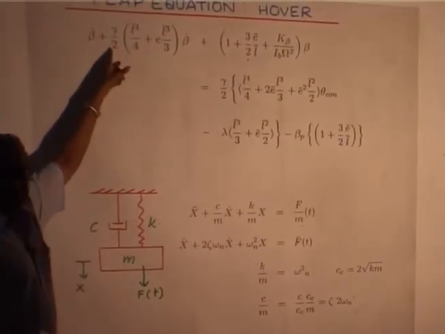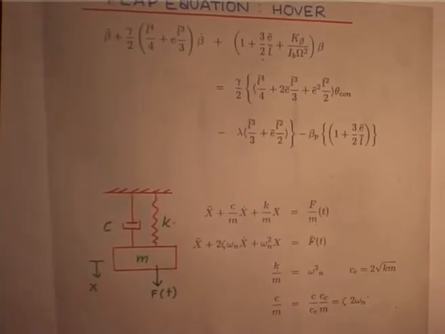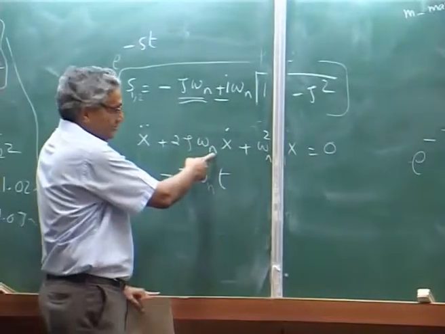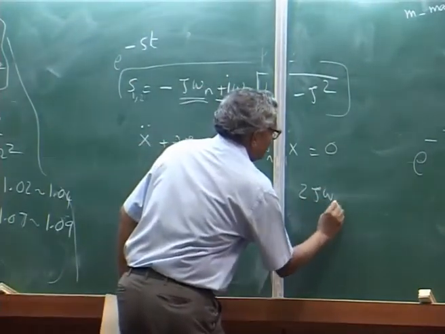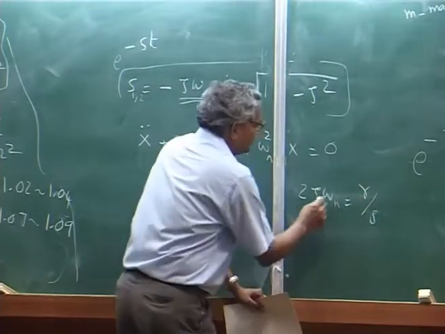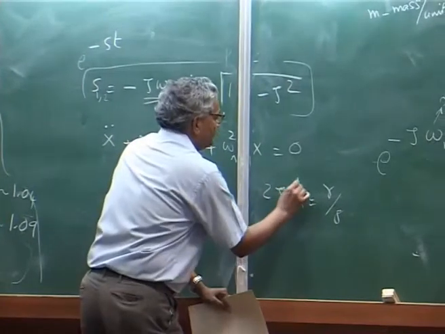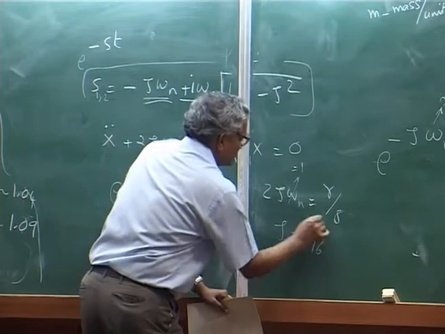So, what is our zeta omega n from here? Looking at our equation, 2 zeta omega n is approximately gamma over 8. That means, with omega n taken as 1, zeta is gamma over 16.